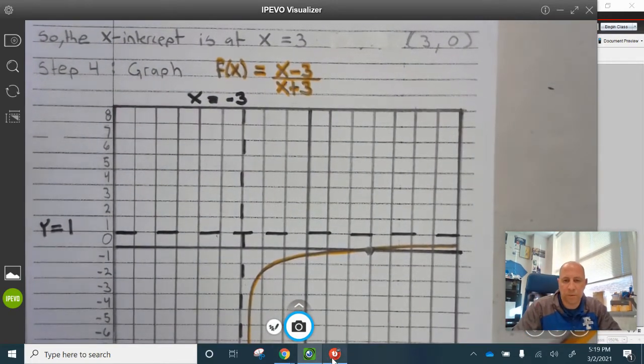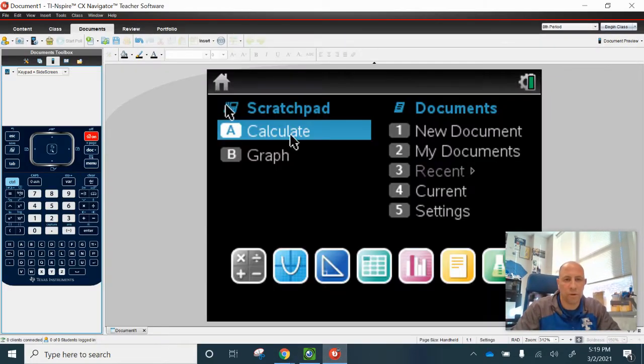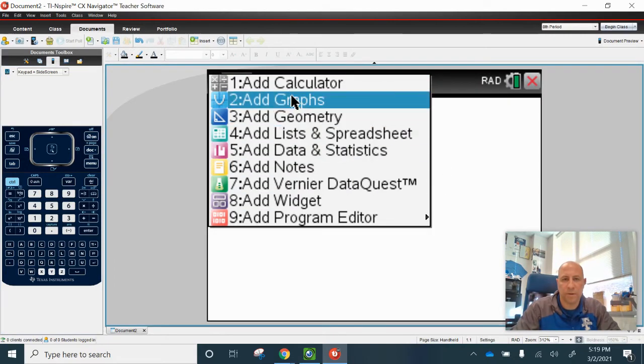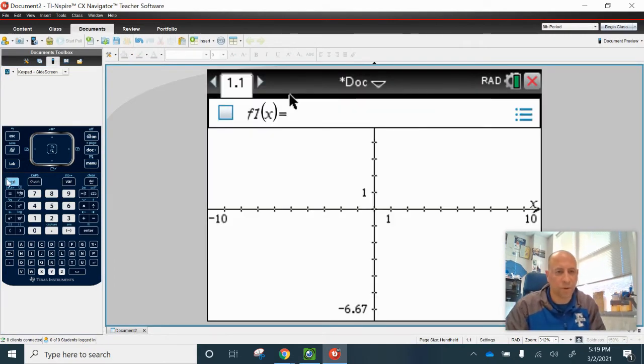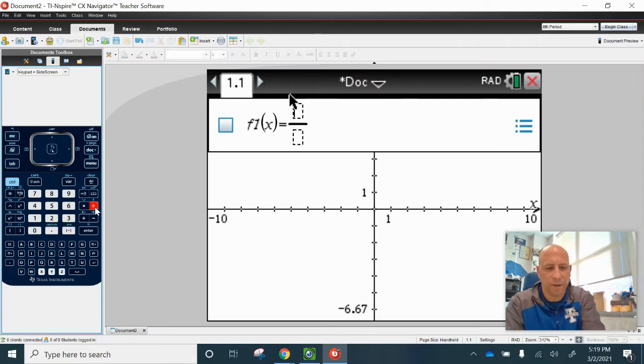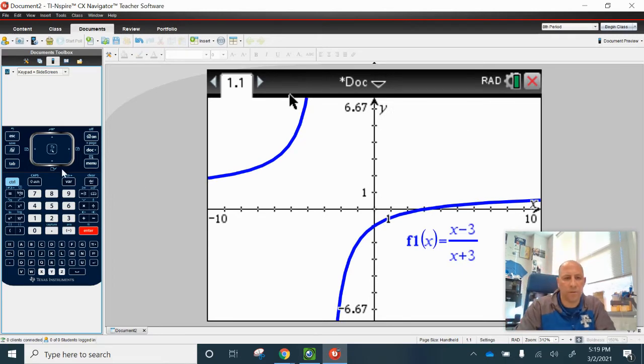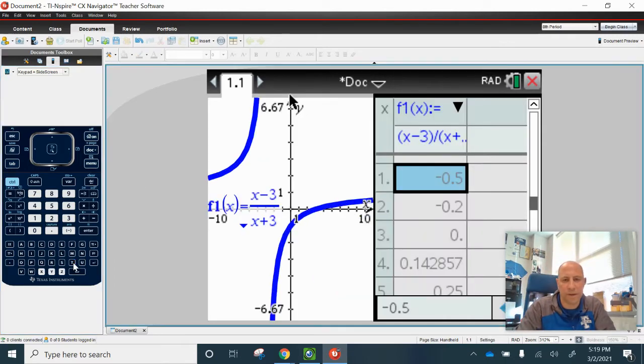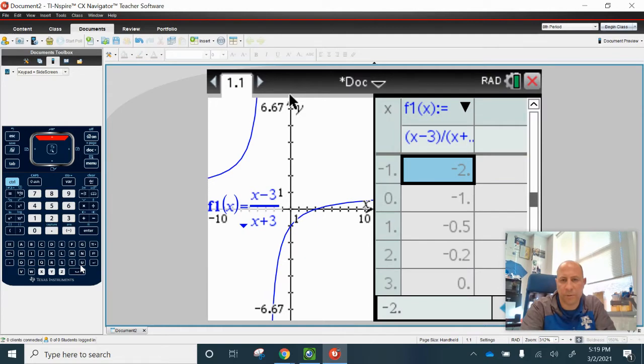We're going to go to new document, add graph, and then we're going to do control divide, x minus 3 divided by x plus 3. I'm actually going to press control T. We know we have an asymptote, so we can pick any of these points to the left of negative 3.